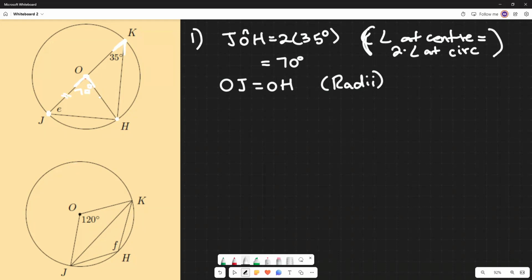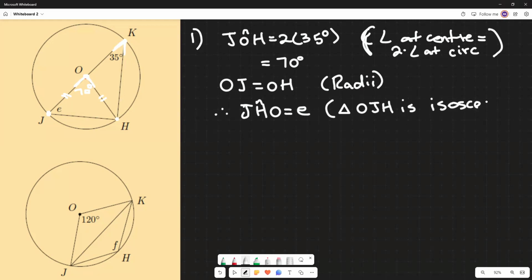Therefore, you can see that in this triangle, which is an isosceles triangle, angle JHO is also equal to E. Your reason will be triangle OJH is isosceles. So you can see that this is E as well then.